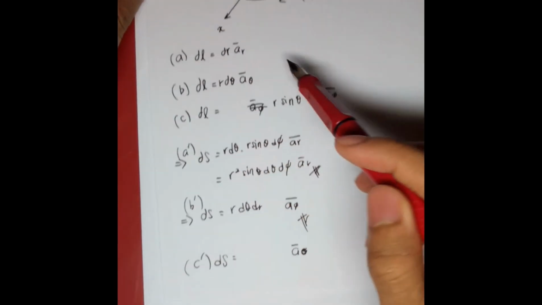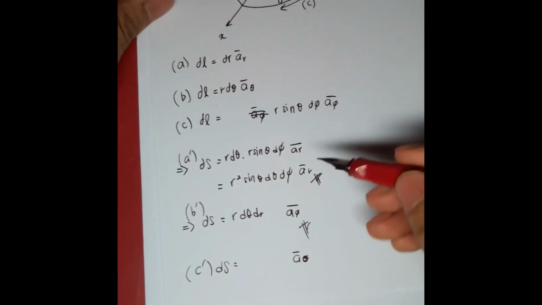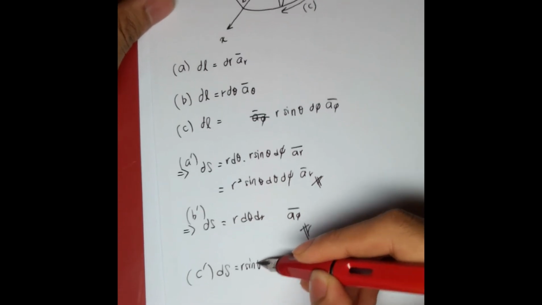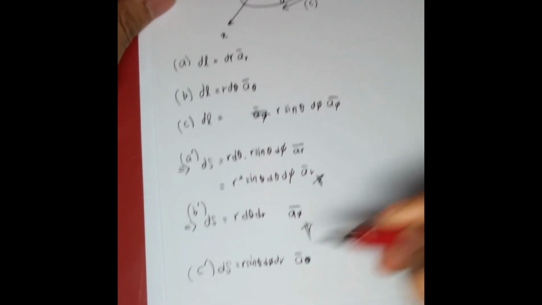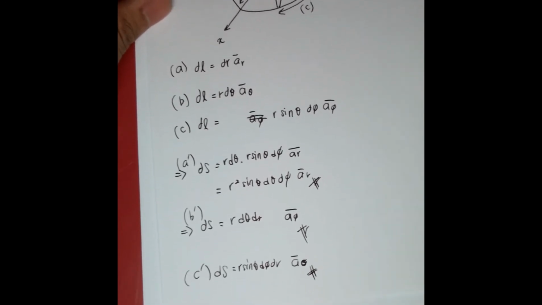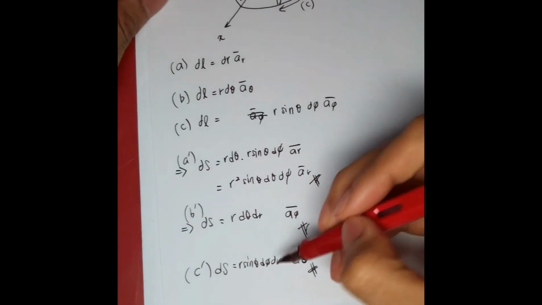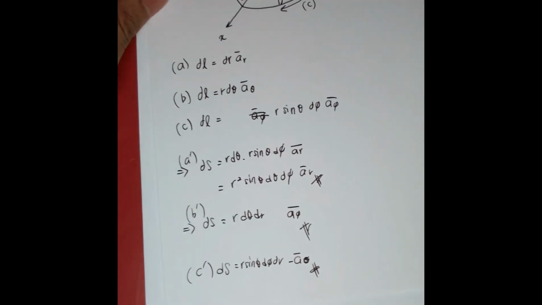So we can take dr and r sin theta d phi. We write down, we should get r sin theta d phi dr. Now if the surface is pointing down, it should be negative. The surface pointing up should be positive.